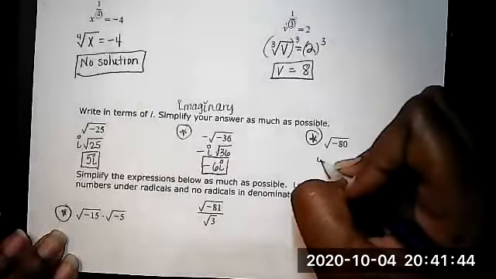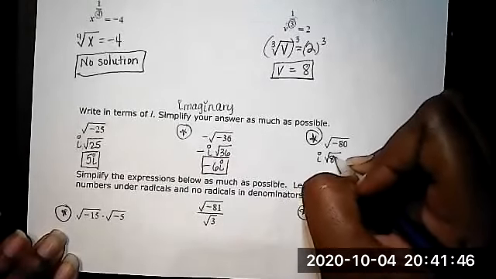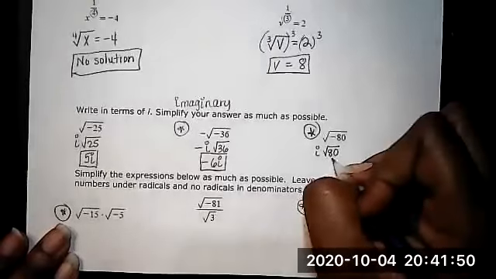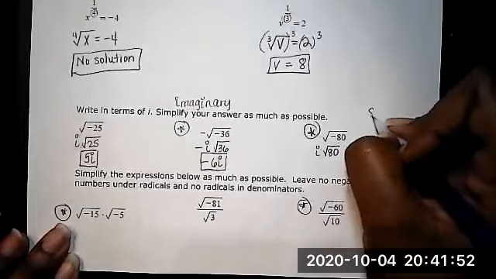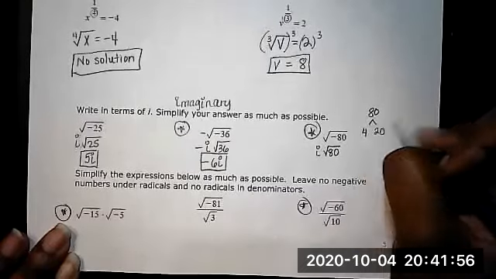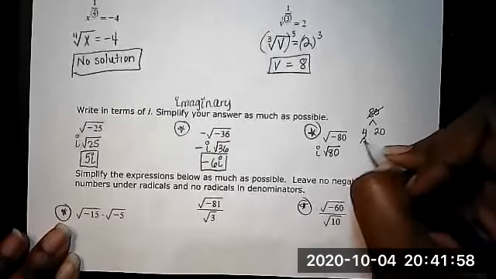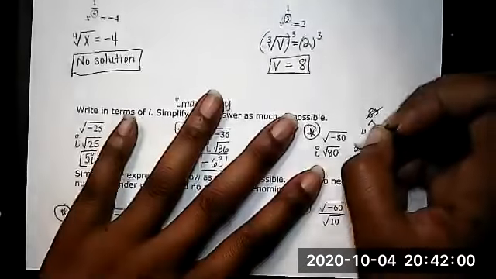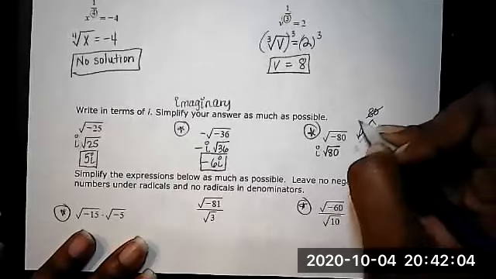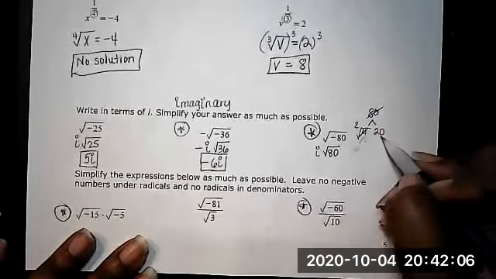Let me bring that i out, make that positive 80. Now for this one, it's not a perfect square, so I'm going to have to break it down. Let's break 80 down. 80 is 4 times 20, and 4 is 2 times 2. But we know that 4 is a perfect square, so I'll just leave the 4. The square root of 4 is 2, so 2 is going to come out.